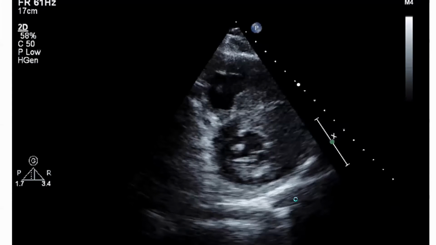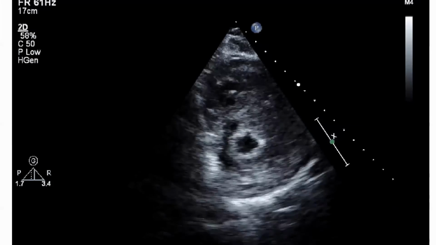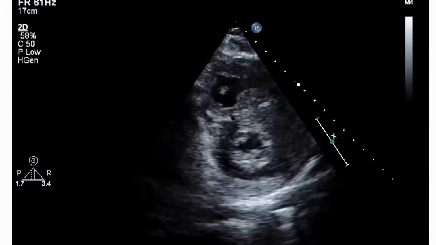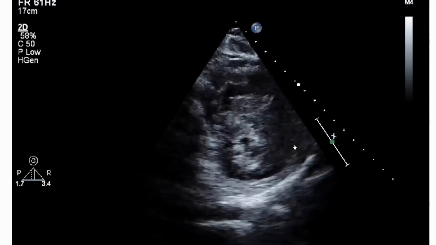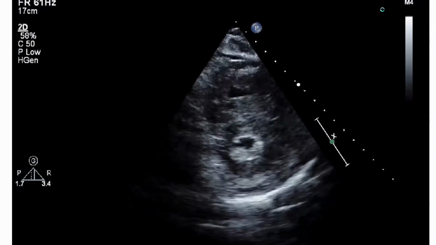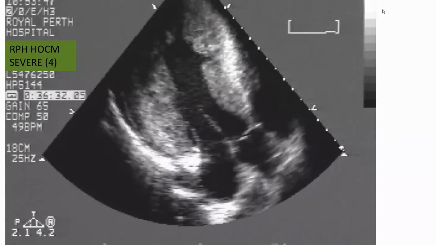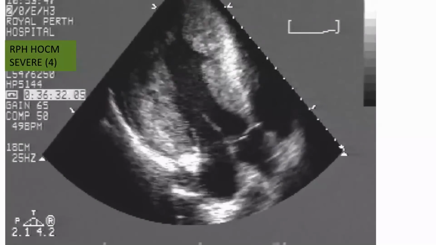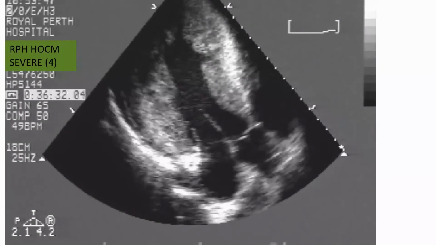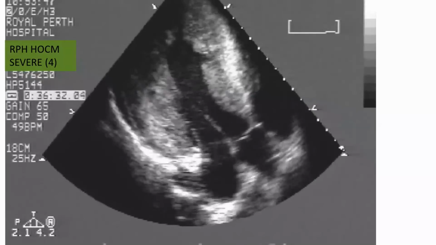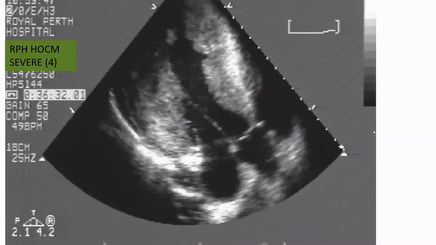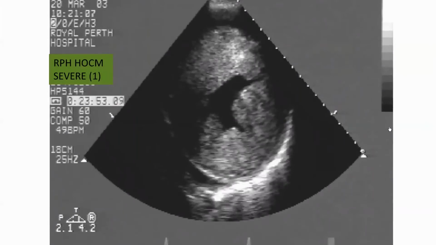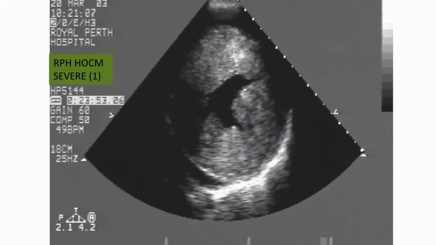And this is the same patient in the short axis, and you can see that big septum here. This is one of my very first ones back in 2003. You can see the quality of the video. This is an ICU patient that we had, and they're always memorable when you see ones like this.